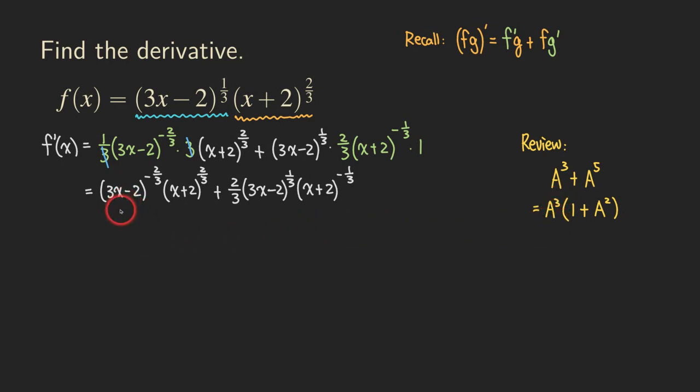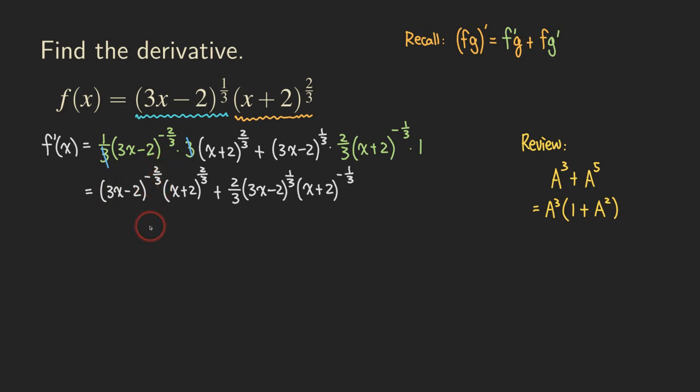So now if we look at the 3x minus 2 factor, the exponent is negative 2 over 3. And for this one, the exponent is 1 over 3. And if we want the smaller of the two, like this one right here, then we actually want to factor out 3x minus 2 to the negative 2 over 3.